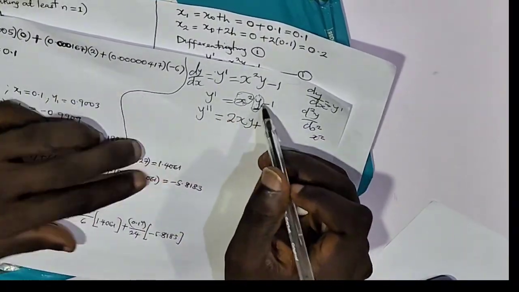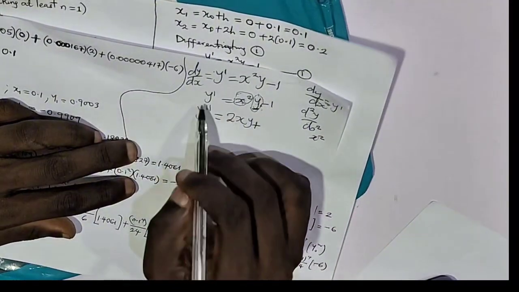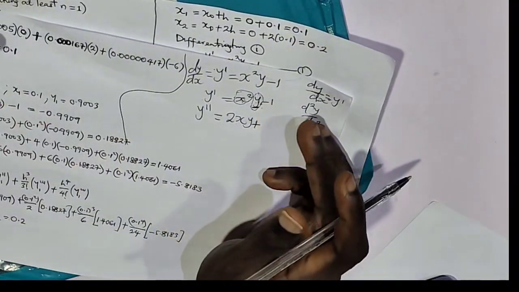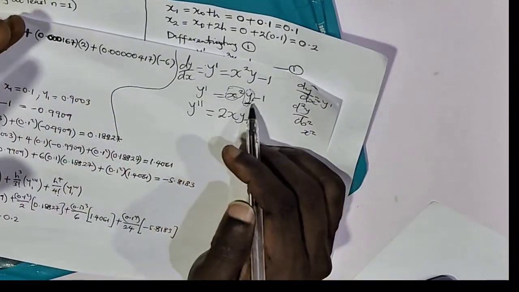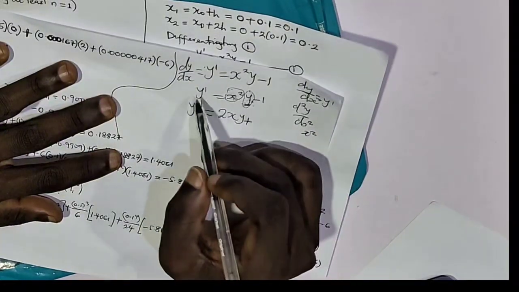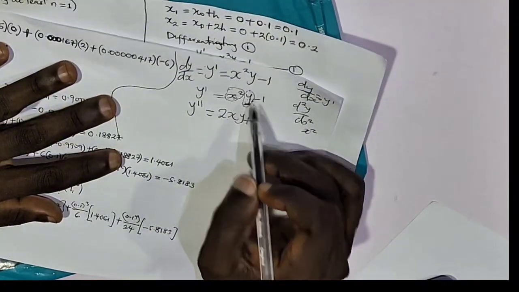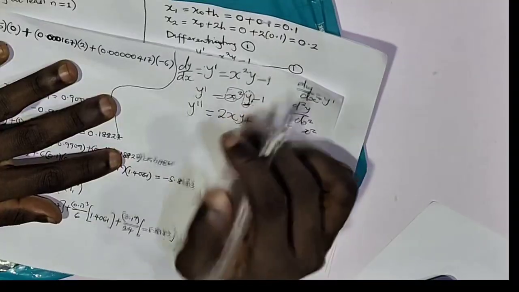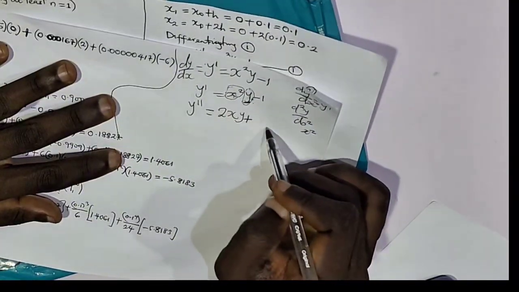Now, if I differentiate y with respect to y, just look at it, imagine y with respect to y. How does it sound? Because of that, whenever you are differentiating y with respect to y, whatever value you have, you must put the dy dx at the back.